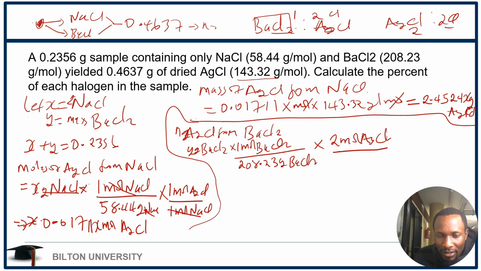So we divide this by 1 mole of barium chloride. The grams of barium chloride cancel, and we remain with 2 divided by the molar mass, 208.23.